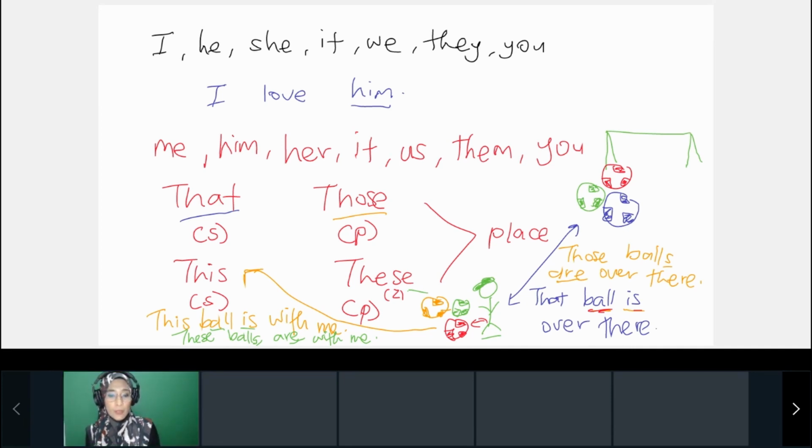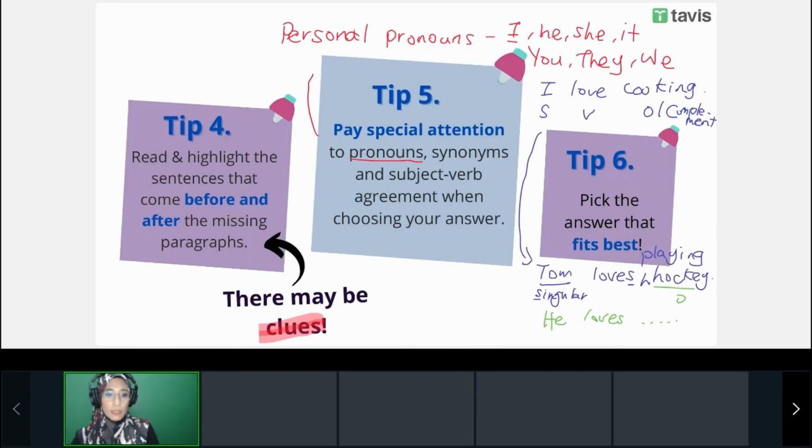I hope that you got these differences, that and these, those and these as well. Again, this one is those. So are you all clear on that? I hope that you are. I'm going to move on to the next part of the lesson.